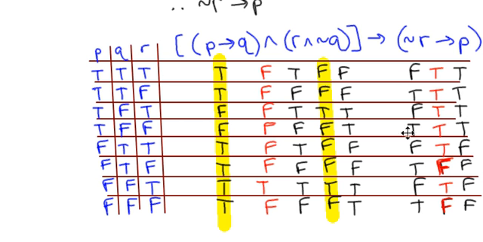And then for the consequent, first I filled in negation R, copied down the P column, and then the conditional statement is only going to be false in a case where I have if true then false. So that sixth and eighth case there would give me false results.